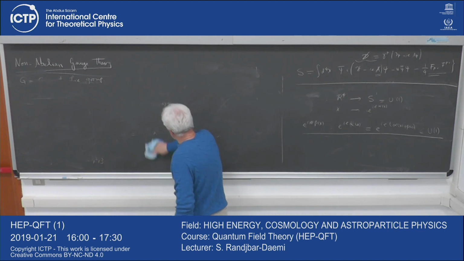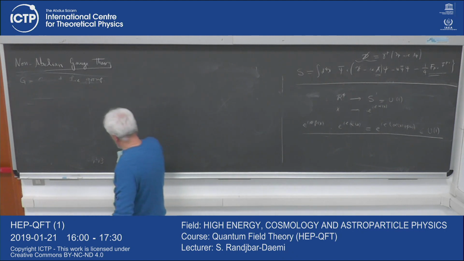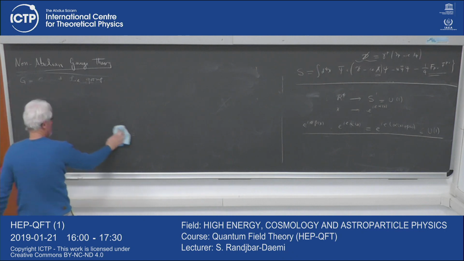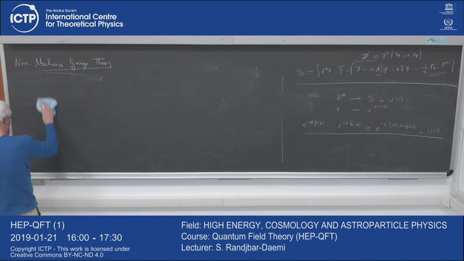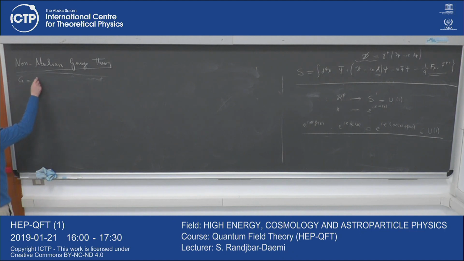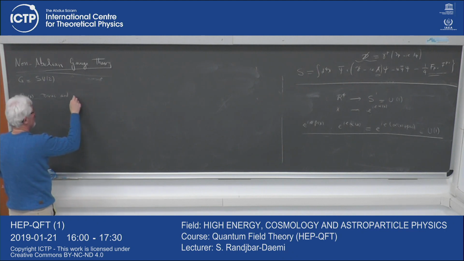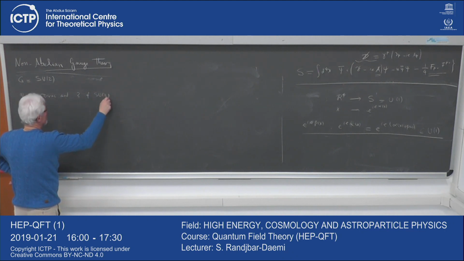So I'll take a Dirac spinor which transforms in the fundamental representation of a group G, which is SU2. So this psi is Dirac, and it belongs to a two-dimensional representation of this SU2.